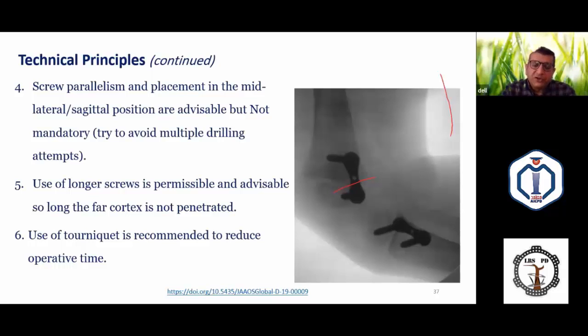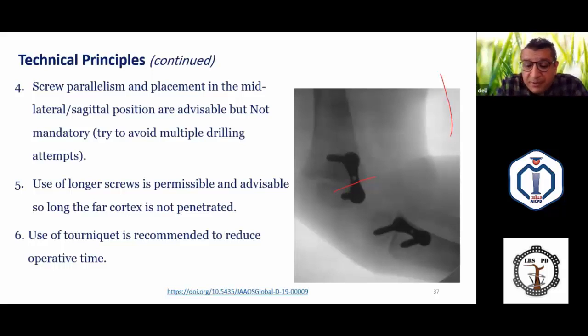Because the most important thing, again, is to avoid injury of the growth plate or the articular cartilage in both AP and lateral views. That should be the baseline. If you can achieve parallelism and mid-sagittal plane alignment, okay. If not, do not fight too much to achieve this, because this mostly does not impact your result.